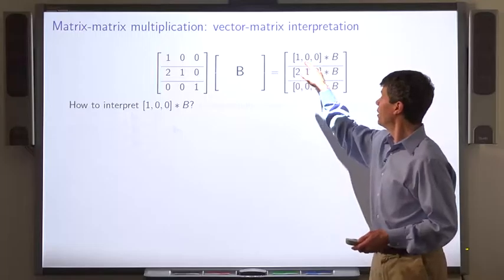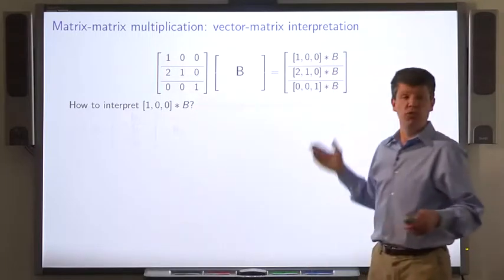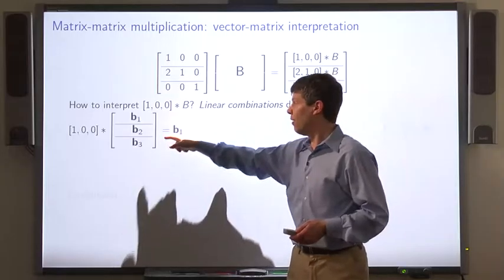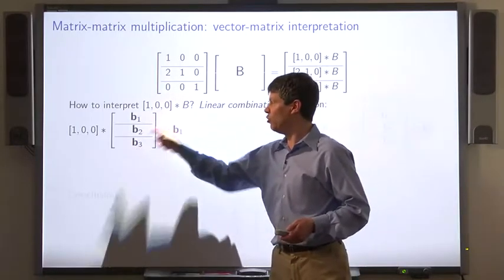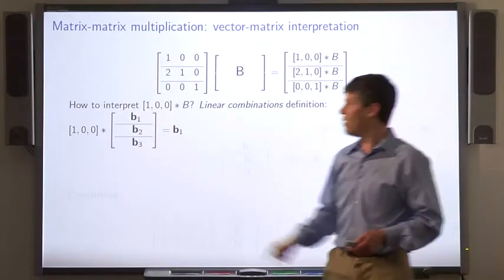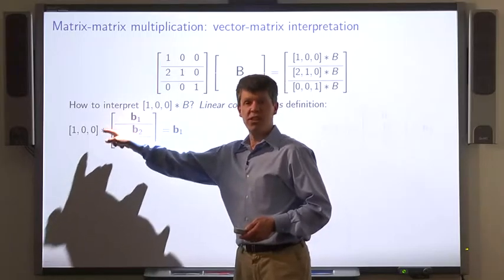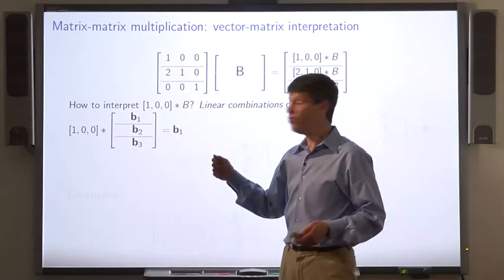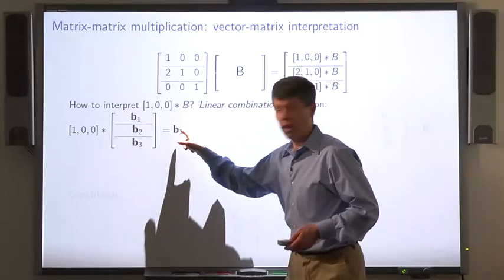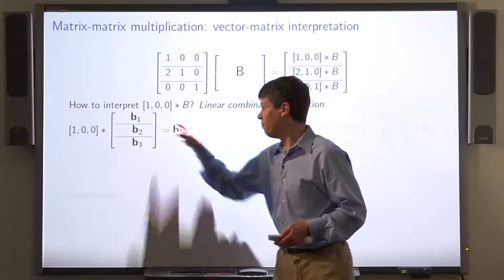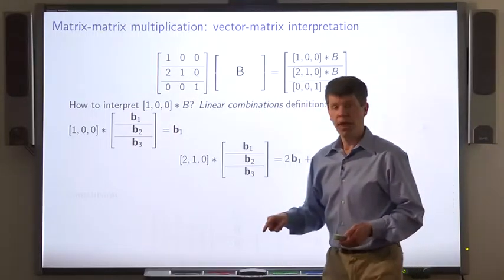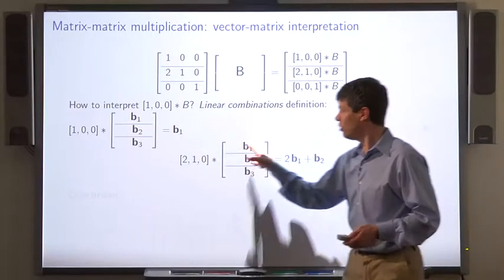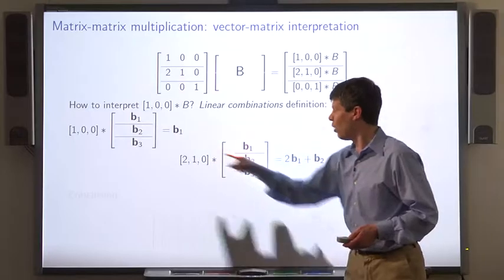How do we interpret this vector matrix product? Let's use the linear combinations definition. We write B in terms of its rows. Let's call them B1, B2, and B3. Then the vector matrix product 1, 0, 0 times the matrix B, by the linear combinations definition, just picks out the first row, B1 of B. Similarly, the product of 2, 1, 0 with the matrix B takes 2 times the first row and 1 times the second.